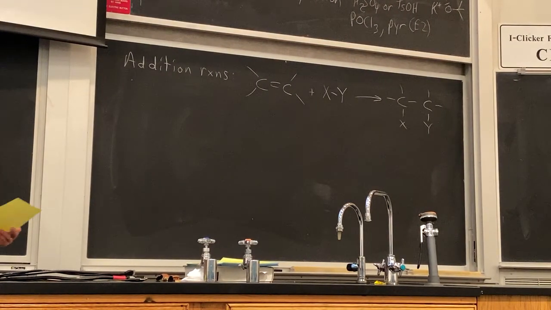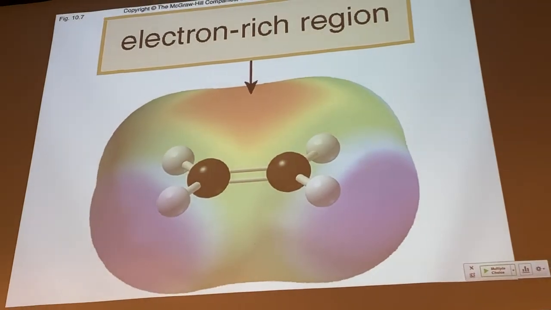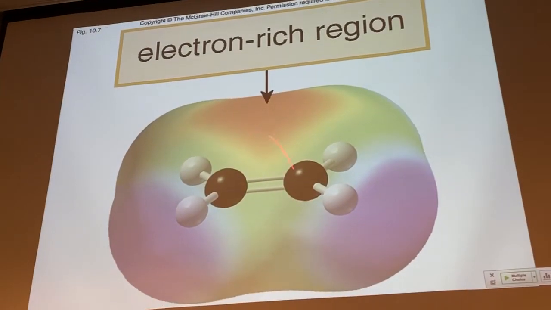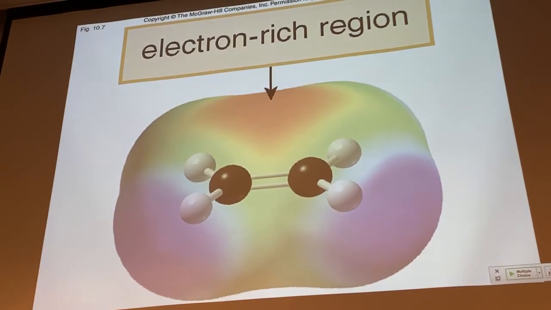We have here an electrostatic potential map of ethylene, our simplest alkene. And what we see is that the pi bond creates an electron-rich region in the molecule. Those pi electrons are held more loosely than the sigma electrons.